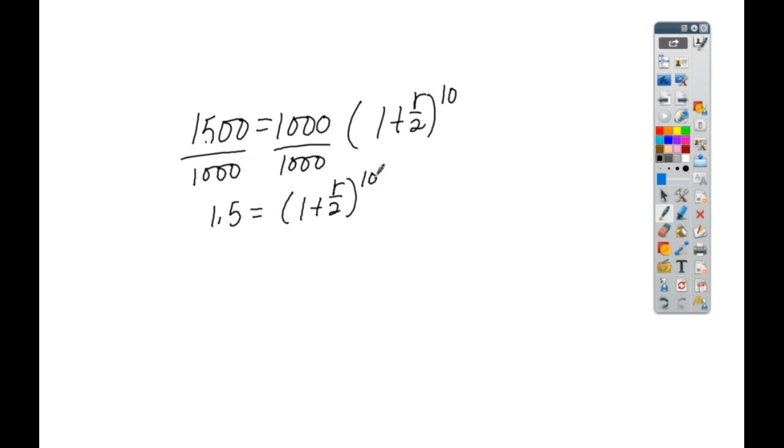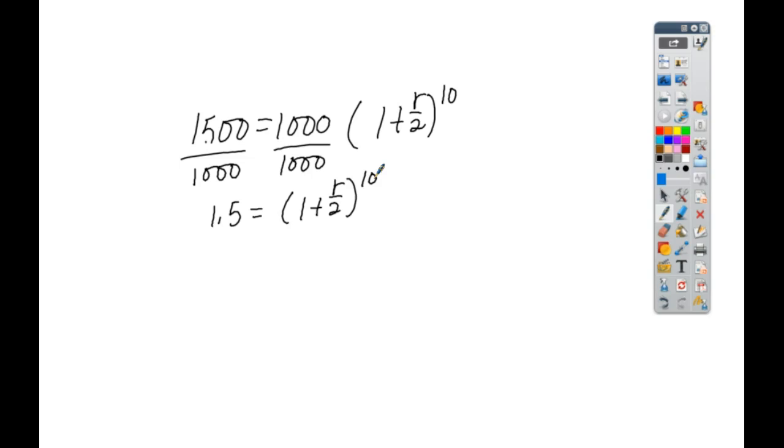Well, how are you going to do that since you don't know r? Oh, that's a problem. But how can I get rid of the 10? What do I have to do? Can we do the inverse thing?